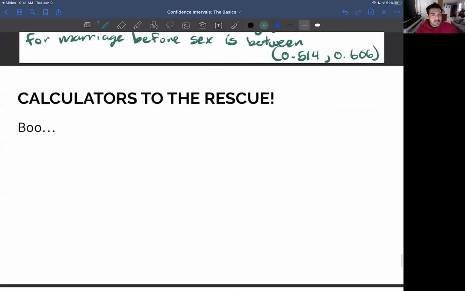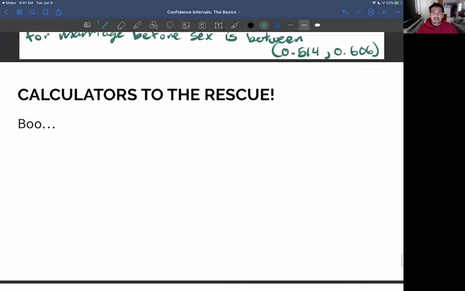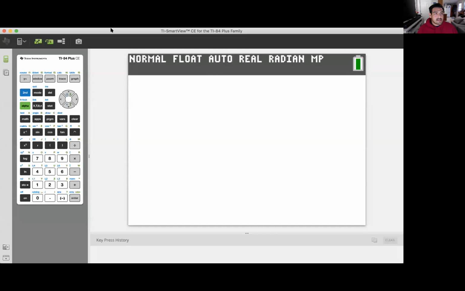So how do we use our calculators in order to do this? Let me go ahead and show you. So for those of you on the Nspire, let's go ahead and open up the Nspire. I take that back. It looks like we're doing the 84 first.